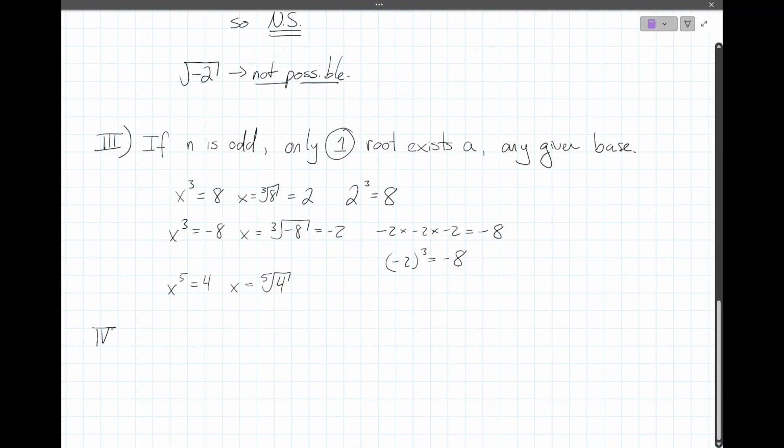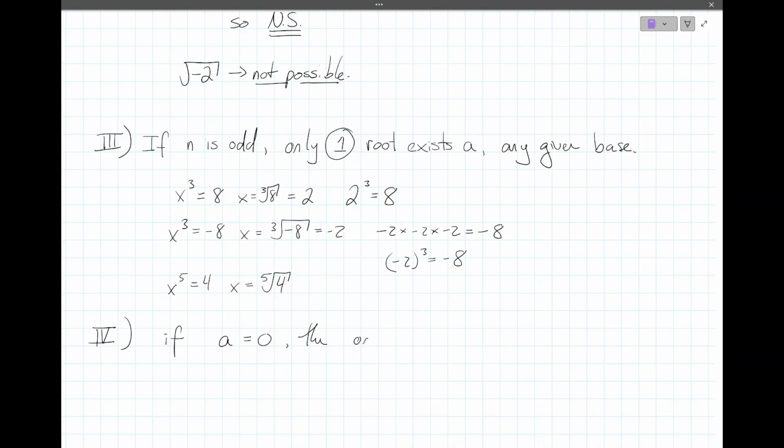Okay, last note that we want to take care of. If a equals 0, then there is only one root, no matter n, except n cannot be 0.